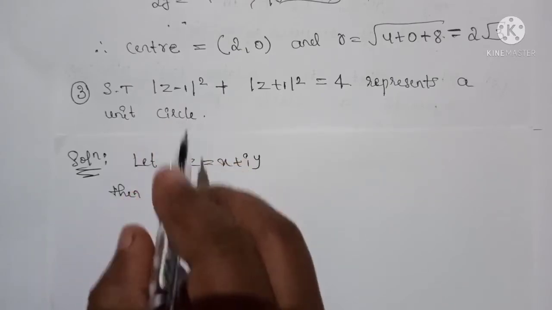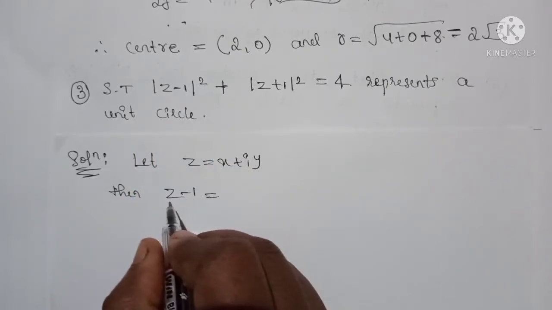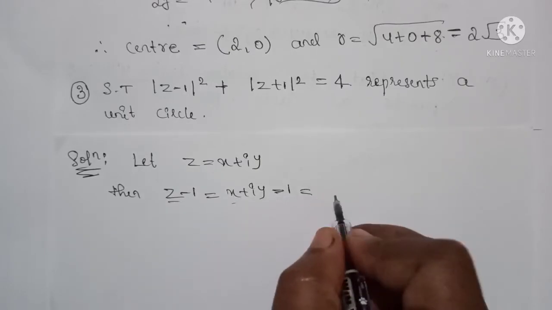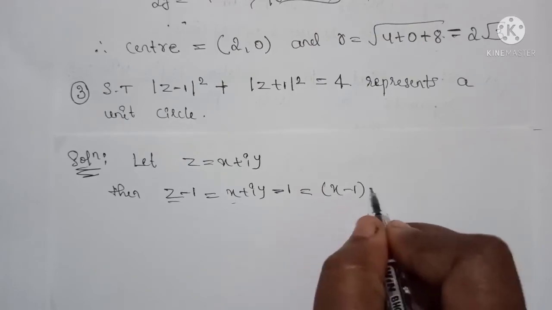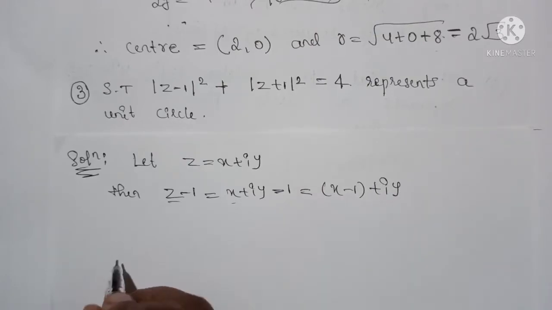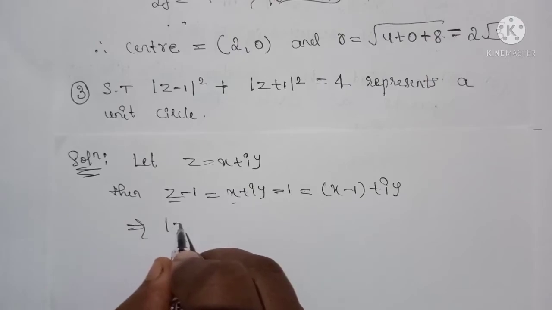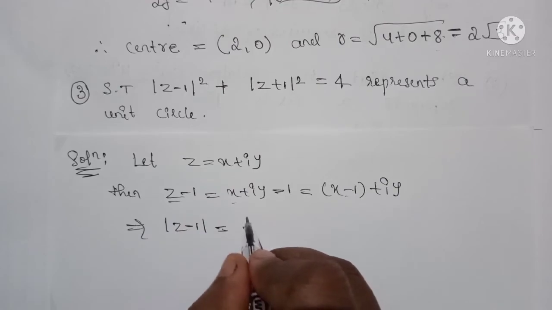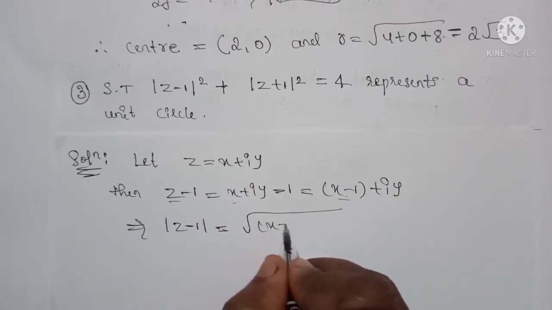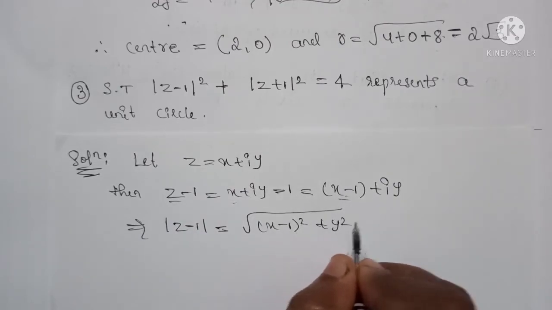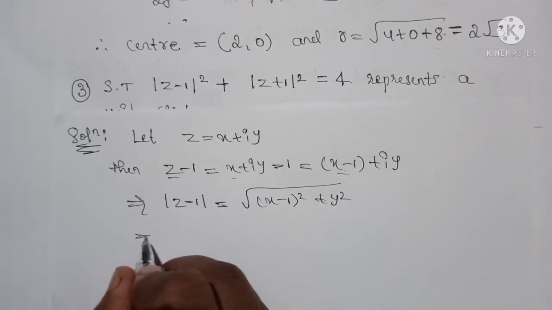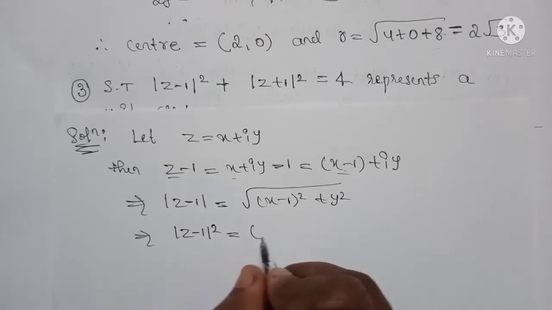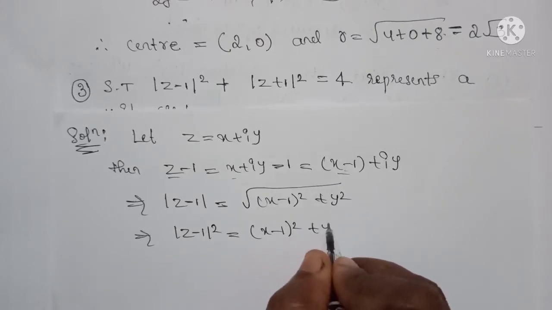z minus 1 is equal to x plus iy minus 1. Grouping the real part on one side, we get x minus 1 plus iy. Now taking the mod of this z minus 1, we get the square root of real part square plus imaginary part square, that is y square. So mod z minus 1 whole square equals x minus 1 whole square plus y square.